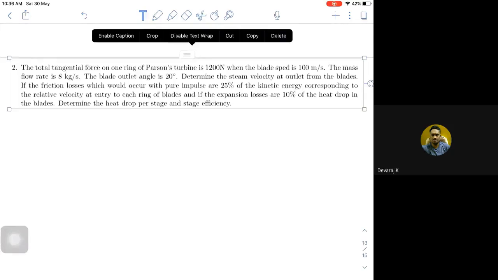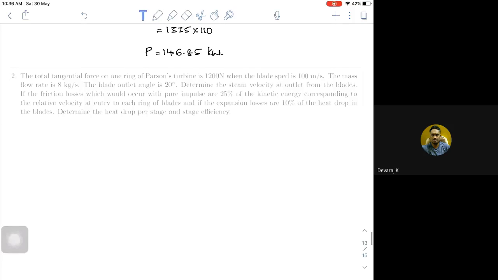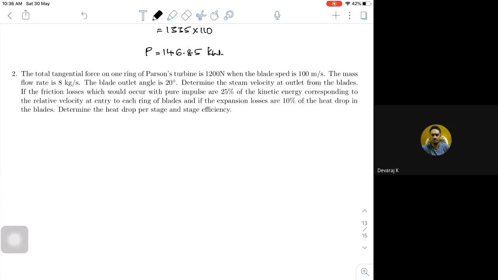The total tangential force on one ring of a Parsons turbine is 1200 Newton when the blade speed is 100 meters per second. The mass flow rate is 8 kg per second. The blade outlet angle is 20 degrees.